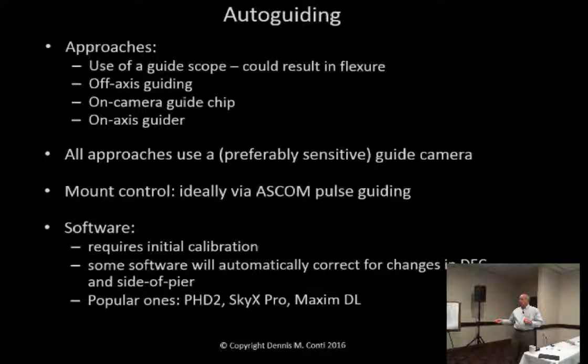That's what I do. Some cameras, some SB cameras, for example, have a guide chip next to the main chip, and then there's also something called on-axis guiding, where the light comes in, and there's a piece of glass, some kind of refractive mirror, that sends the main light up to the imaging camera and passes, I think, some of the infrared light through to the guide camera.